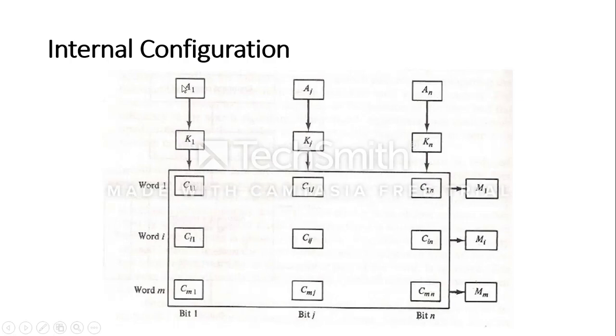First, it will be compared with word 1. If a match is found, then the corresponding bit in the match register, that is M1 in this example, will be set to 1. If the same word is matched with the ith word in the associative memory, then the corresponding bit in the match register will be set to 1, and it will go on until it accesses all the words available in the associative memory.